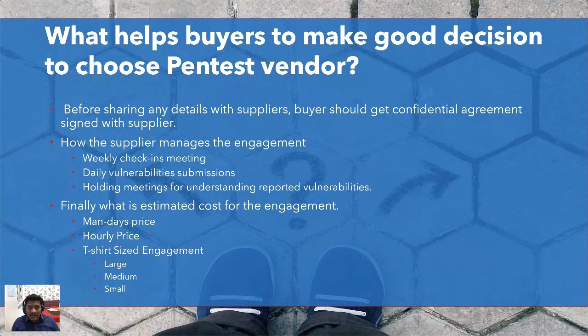And you can also have a t-shirt size engagement, like large, medium, small, where it has a fixed size, fixed pricing, and that can be determined by understanding the application itself, right? So you can always communicate with your vendor to understand how it is large, how it is medium, how it is small. They will come up with some solution, some answers, that will help them understand what sort of application it is, right? So these are the three major pricing concerns that you can discuss with your vendor before the engagement gets started.